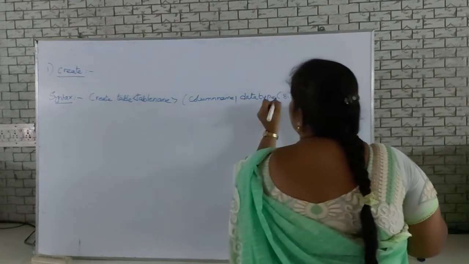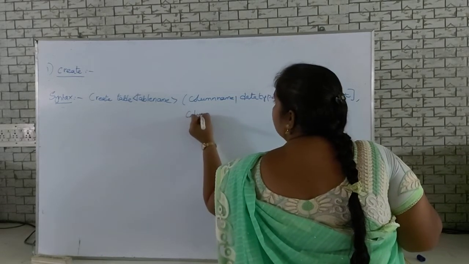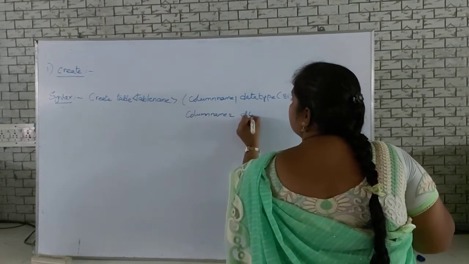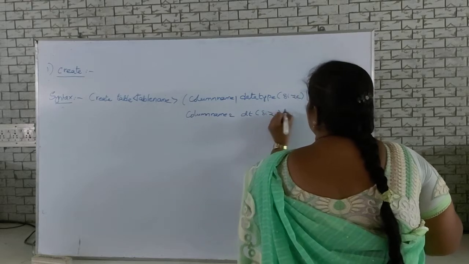Column name 1, and on the next line column name 2, data type and size, constraint.